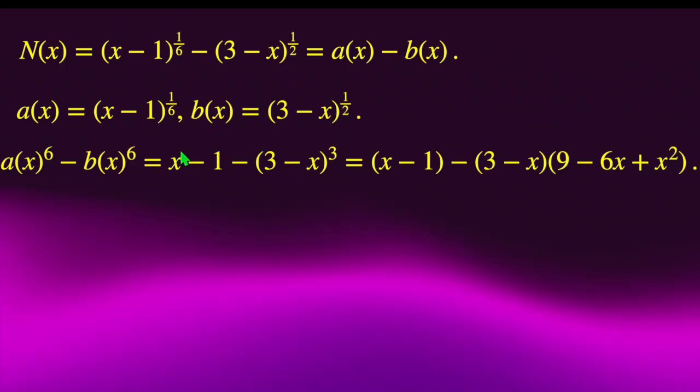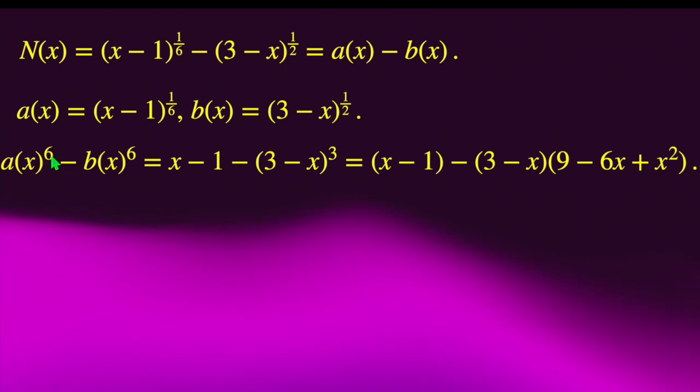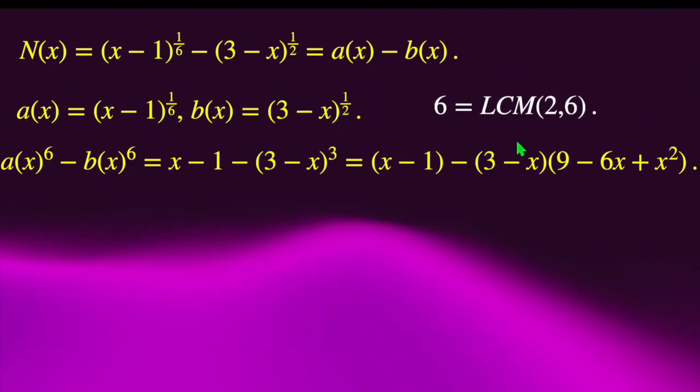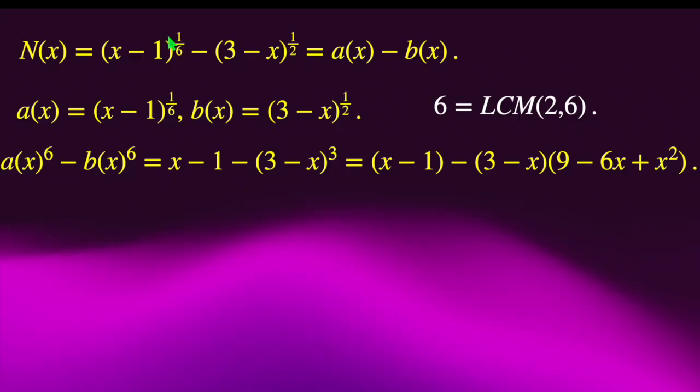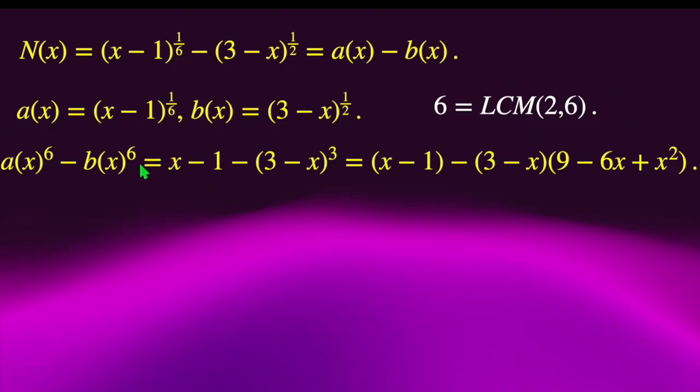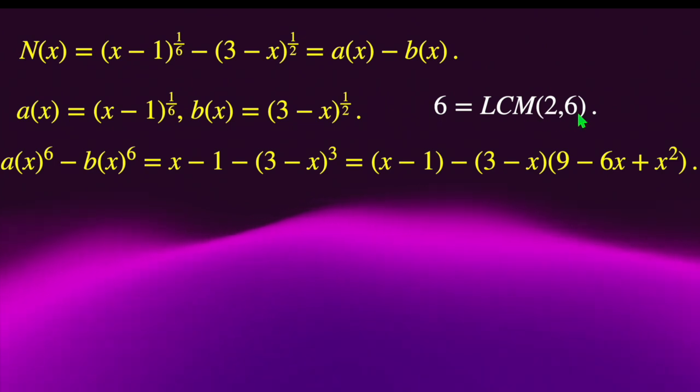And the question is why we have chosen 6 here. 6 is indeed the least common multiple of 2 and 6. So if you have two other quantities with powers 1 over p and 1 over q, you can choose the least common multiple of p and q.